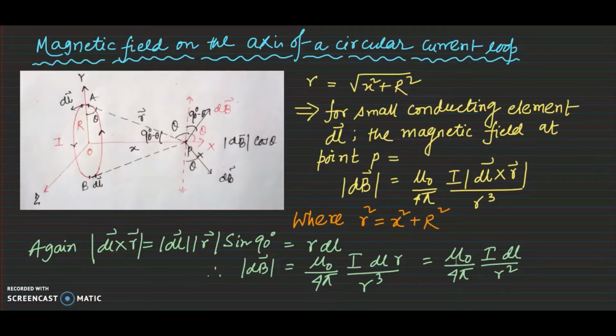Now for any element dl and the r vector, the angle between them is every time 90 degrees. So the magnitude of dl cross r is magnitude of dl, magnitude of r and sine 90 degrees, so it becomes r dl. The magnitude of dB is mu 0 by 4 pi I dl r divided by r cube, which becomes mu 0 by 4 pi I dl divided by r square.